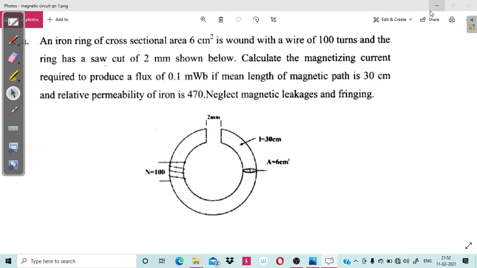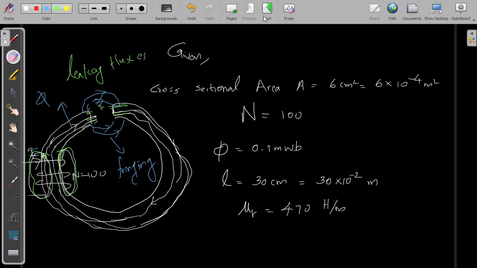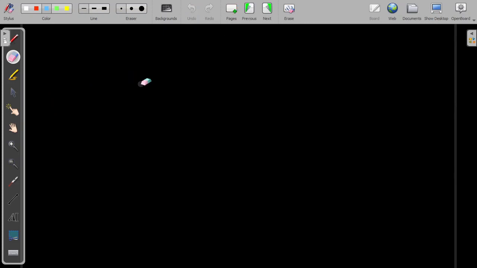So in a series electrical circuit, if you consider these R1 and R2 resistances, then you can observe that the current I is the same in R1 and R2.